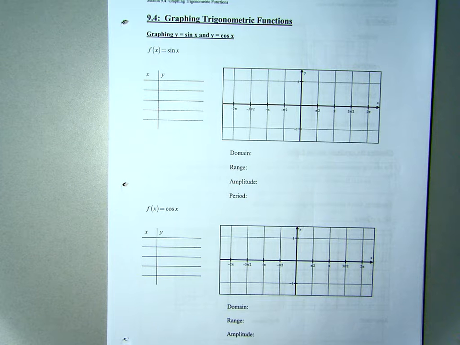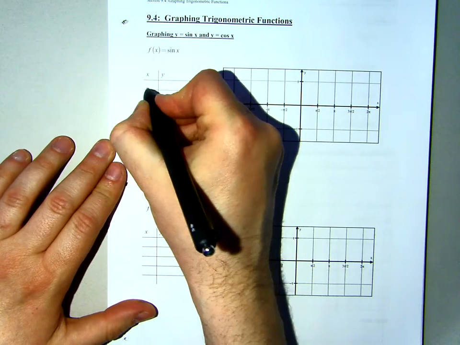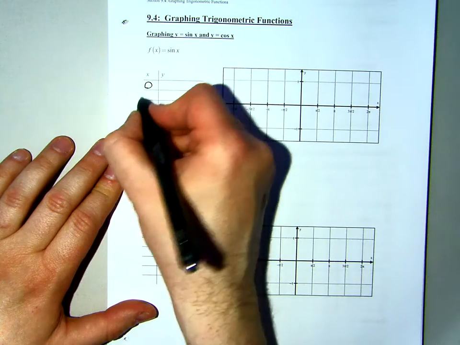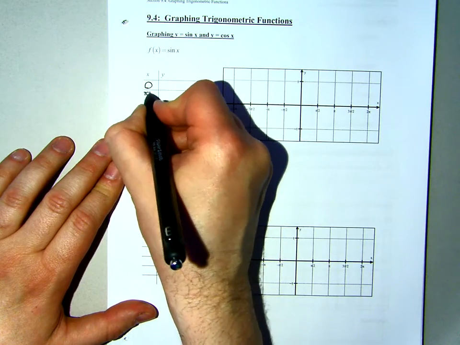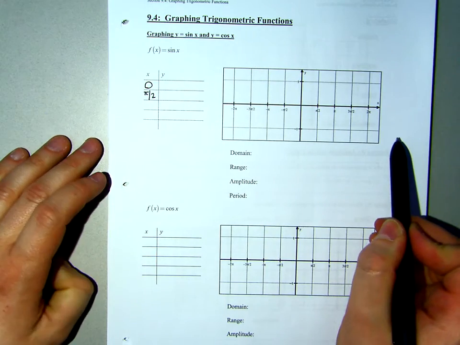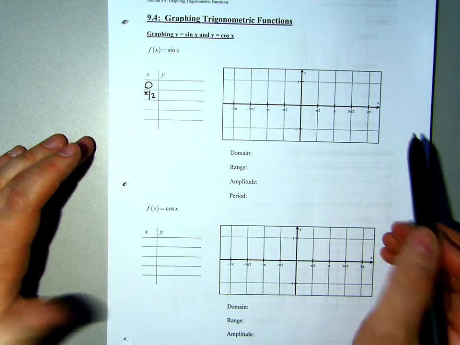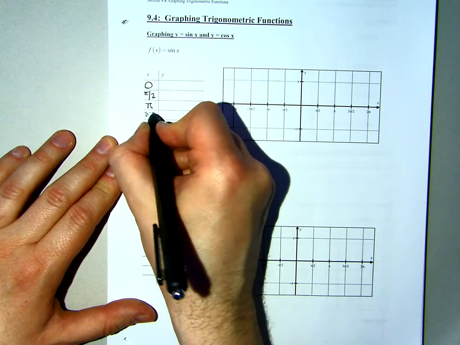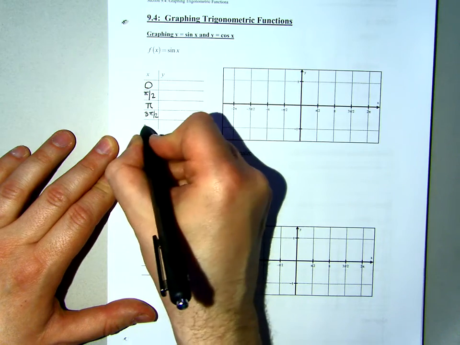I'm going to plug in those quadrantal angles, like the ones I just dealt with, because finding sines of those angles is really easy. I want to find the sine of 0. I'll do that in a moment. I want my next x-coordinate to be pi over 2, which looks really weird, but if you look at how I labeled the x-axis, there's a pi over 2 there. That's okay. Then pi. Then 3 pi over 2. Then 2 pi.